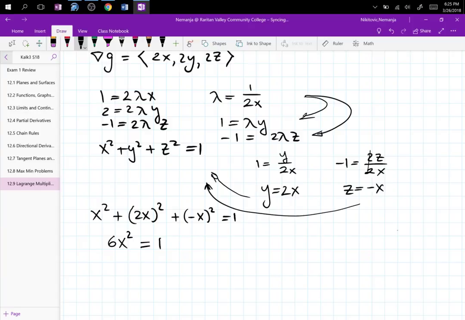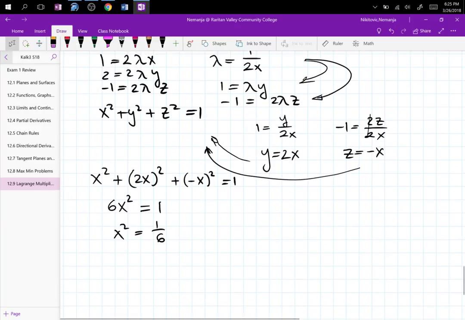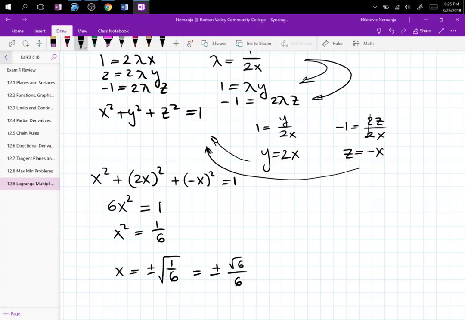Right? And x squared is equal to 1 over 6, and then we take the square root of both sides, so x is equal to plus or minus the square root of 1 over 6. Now you can rationalize this and get root 6 over 6.